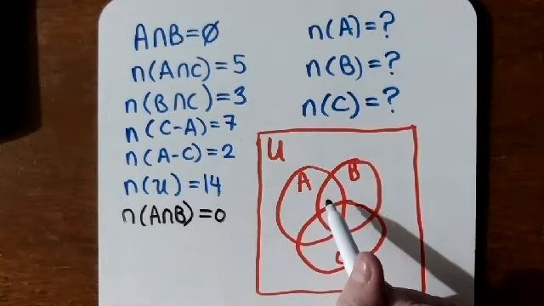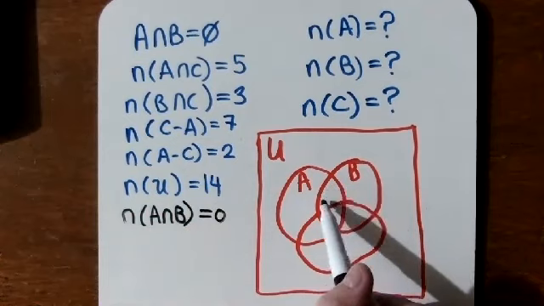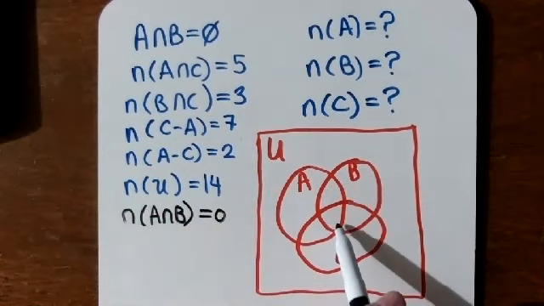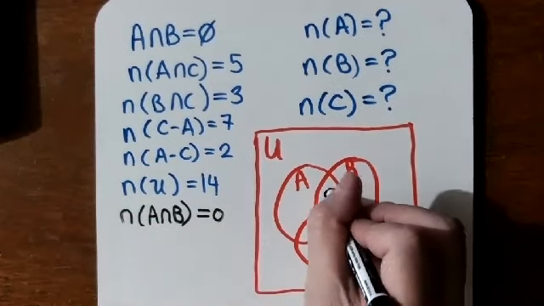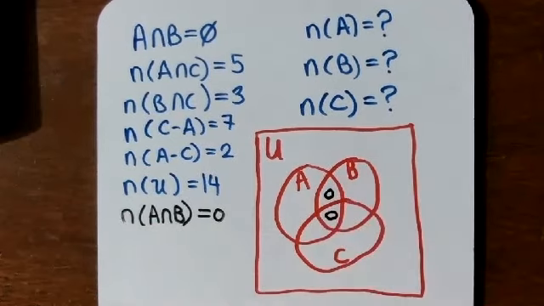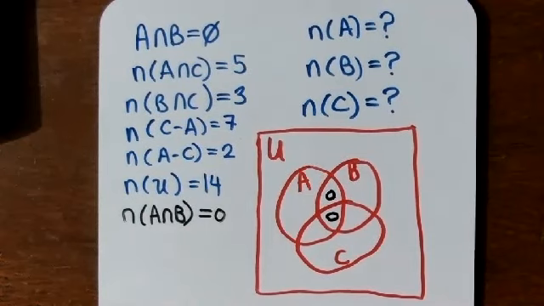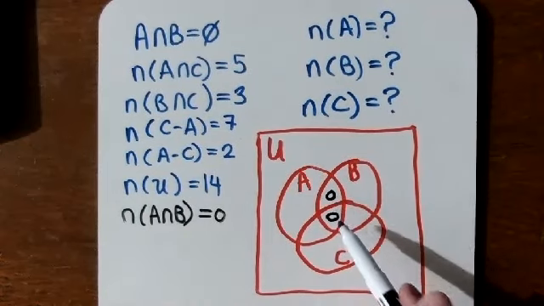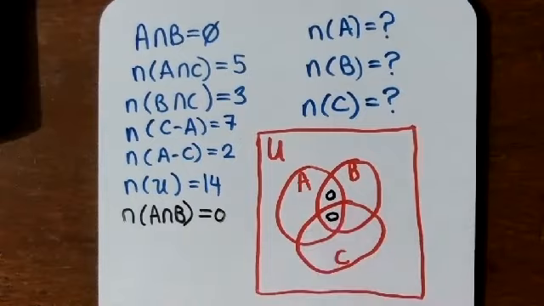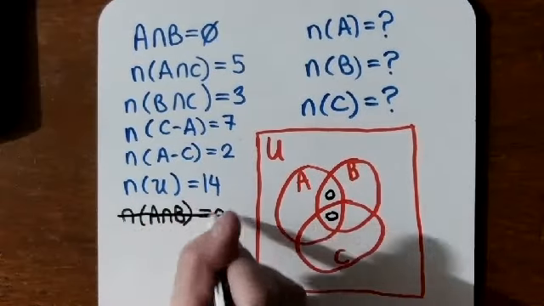So where A intersects B is the overlap of A with B, and there are 0 elements in this area. The area is made up of 2 regions, so there's 0 elements in each region. So we've used this clue.